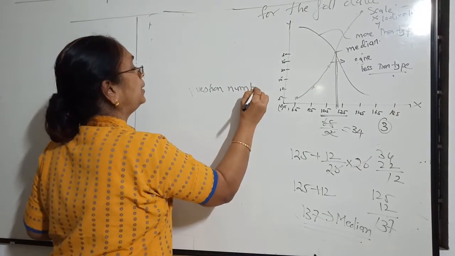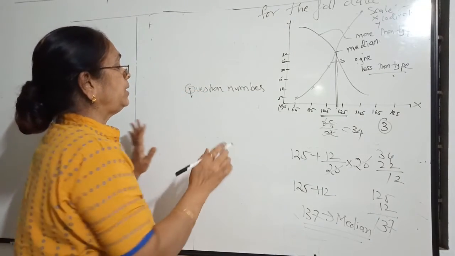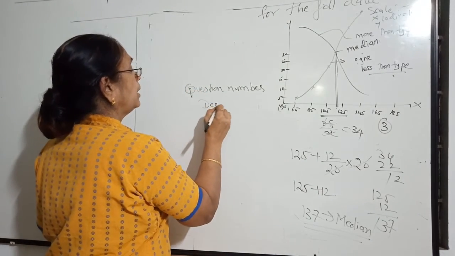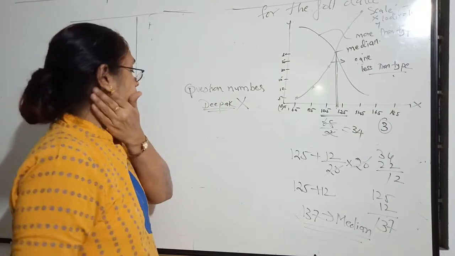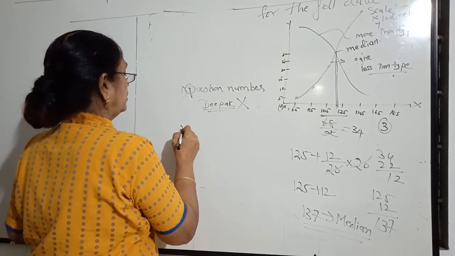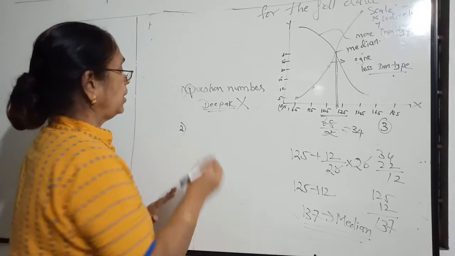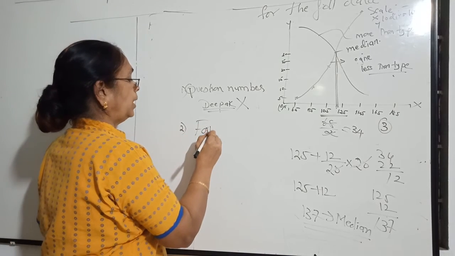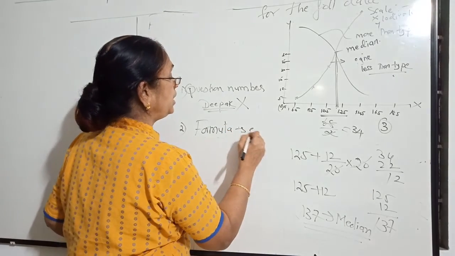Whatever is given in the paper, that number should be written. And you would not hesitate to take Deepak's name. Deepak always writes his own number. Do not do that. That is wrong. Understand? And then for each chapter you should know from which chapter the question is asked. And if you remember the formula, please write down all the formulas for each question.